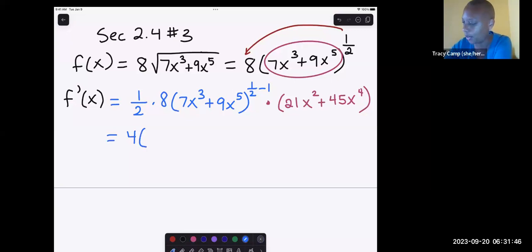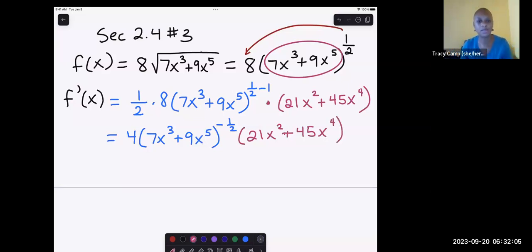So I have 4 times 7x cubed plus 9x to the 5th raised to the power of -1/2, and then times this 21x squared plus 45x to the 4th. And then I think the problem asks you not to use fraction exponents. So we'll go ahead and use these rules from algebra again.